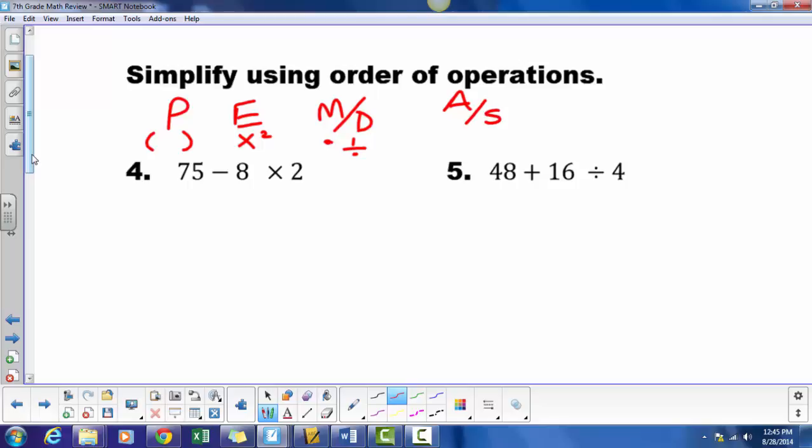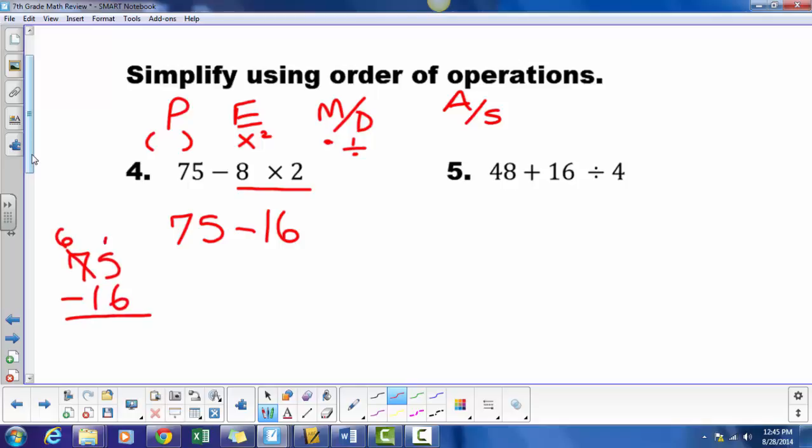So if I look at problem number 4, I have to do this first, the 8 times 2. So 75 minus, well, 8 times 2 is 16. So 75 minus 16, I'm doing this off to the left. We need to borrow. 15 minus 6 is 9. 6 minus 1 is 5. So 75 minus 16 is 59. And there's my answer. Okay?